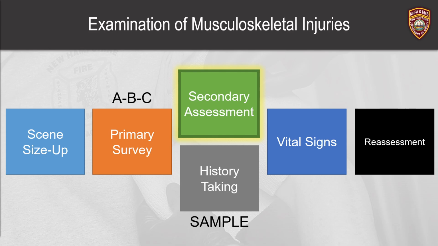So all the steps in the patient assessment have to be carried out before focusing your attention on an injured limb. Limb injuries are not life-threatening, unless there's some kind of excessive bleeding coming from an open wound, which you would address when you address bleeding control.